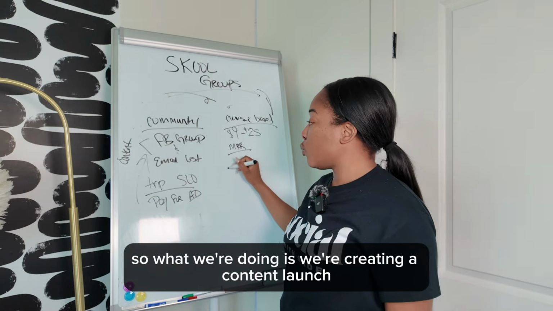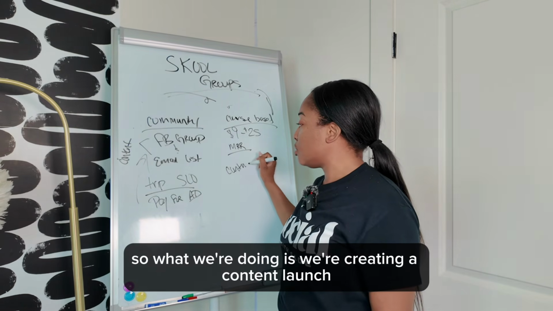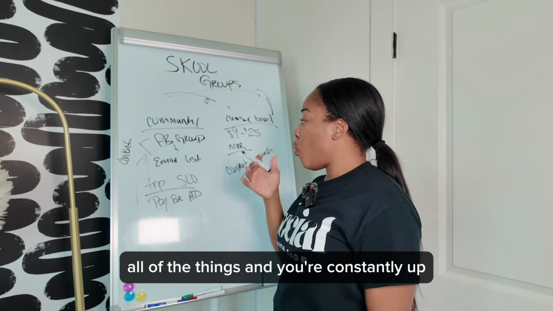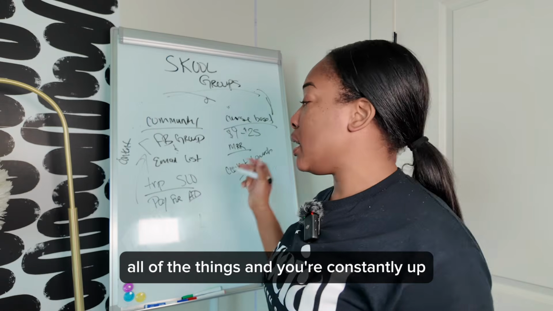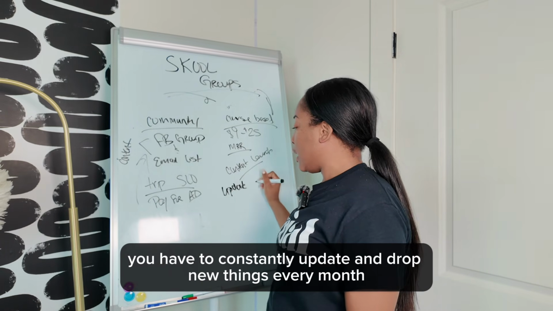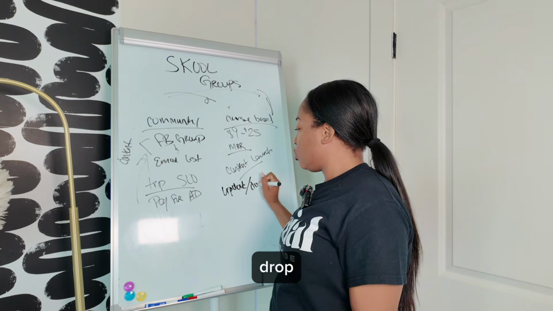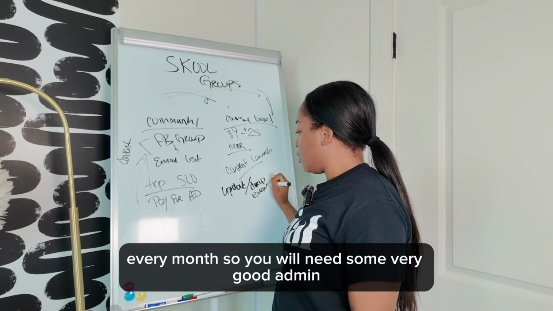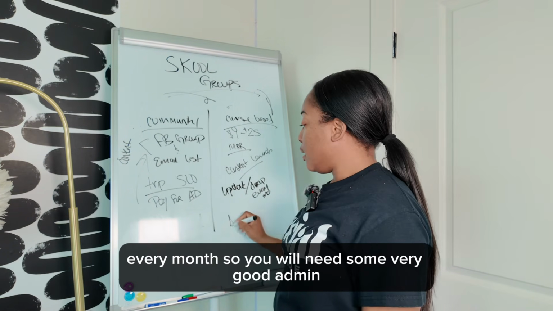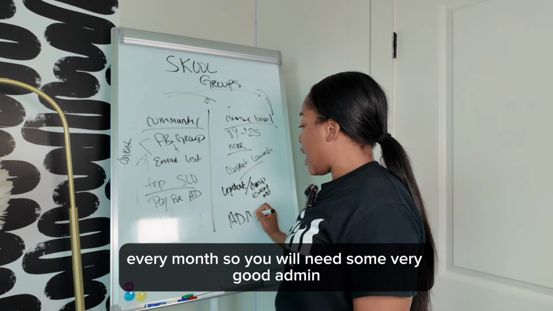So what we're doing is we're creating a content launch. We're showing what the course is about, what's inside of the course, all of the things. And you have to constantly update and drop new things every month. So you will need some very good admin.